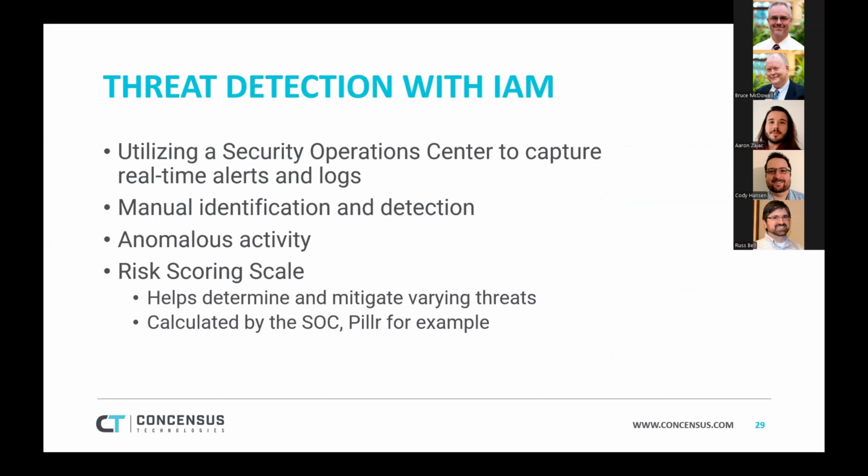Next, I'd like to cover the detection within IAM. IAM may have many tools to identify itself when a risk arrives, but there are also other ways of managing and knowing how to compile all that information. A SOC, as previously mentioned in this webinar, can effectively compile and sort all alerts and risks within an IAM environment into one convenient location.